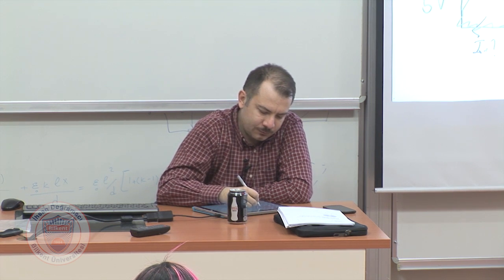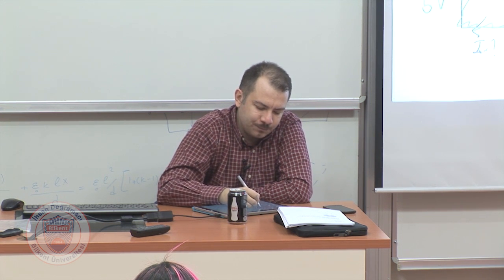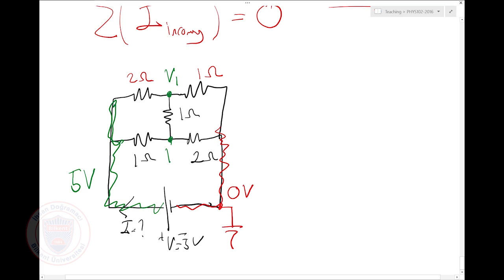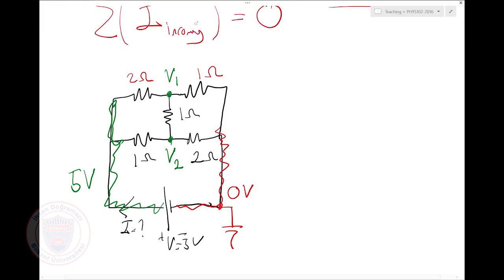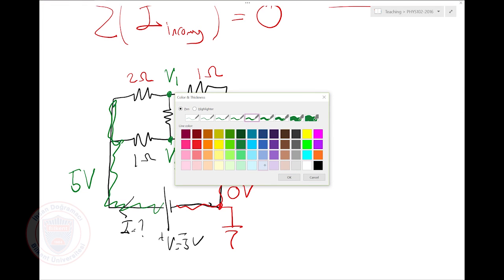I have node, let me call this V1. And another node V2. I don't know the potential values for these 2 nodes. So if I know the potentials for these nodes, I can find all the currents. Let's try to find out. Let's write it with blue.